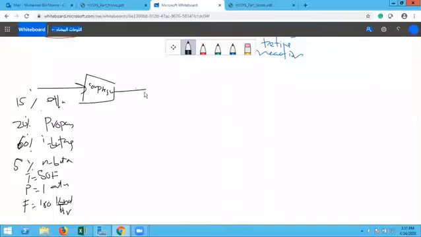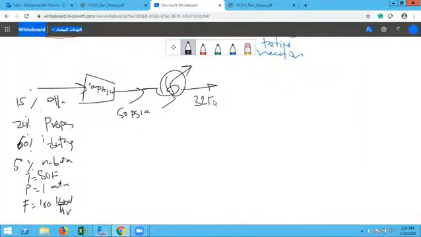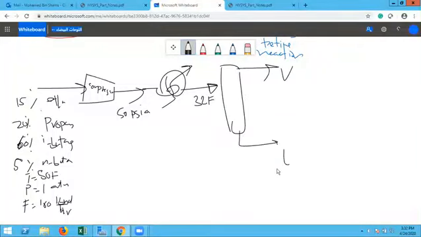This stream will be compressed to 50 psi absolute, and then it will enter a cooler and get out with a temperature of 32 F. Now this mixture, because it has to be a vapor and liquid stream, will enter a separator, where it will be separated into vapor and liquid.